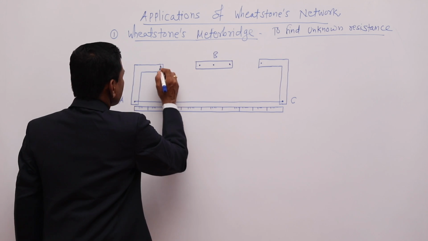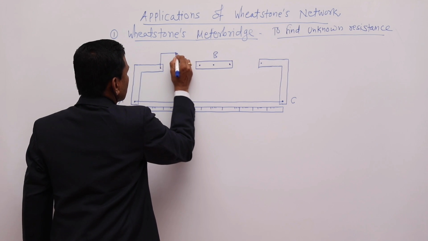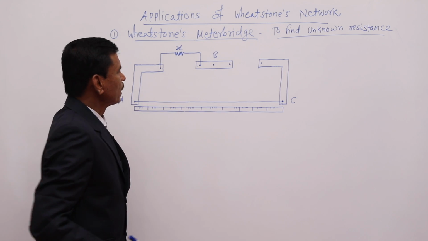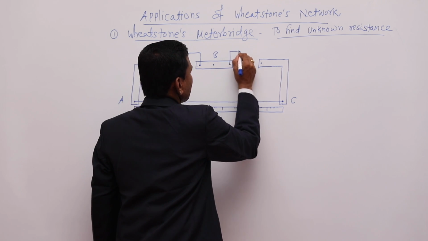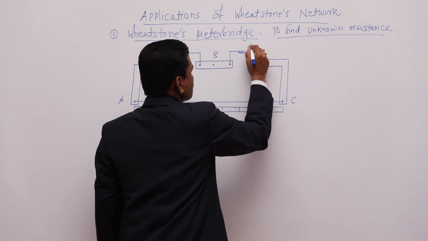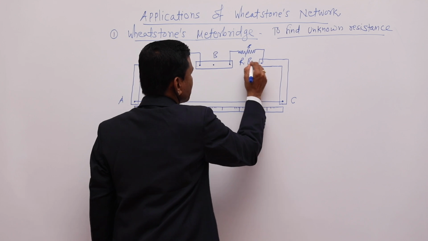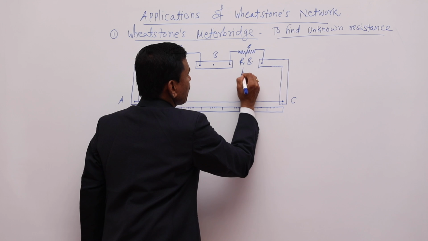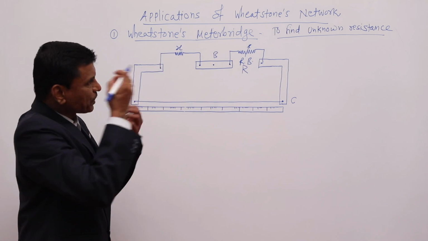So let us connect that unknown resistance X in the left gap. For that purpose, let us connect a known resistance from a resistance box. So we have connected the resistance box in the right gap, and we can draw a suitable resistance R from it.